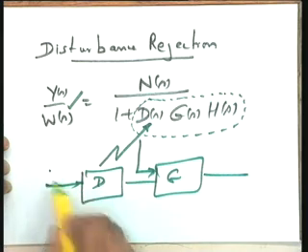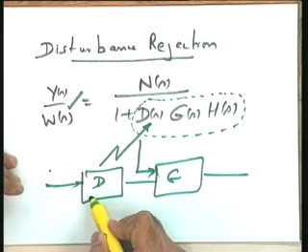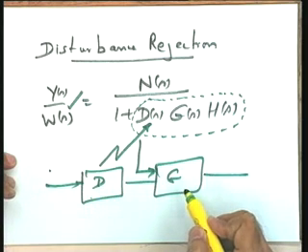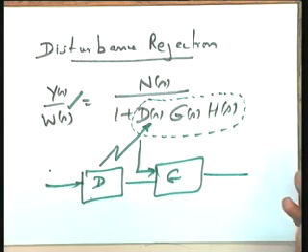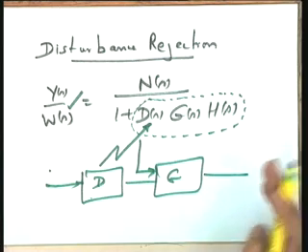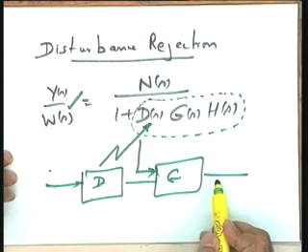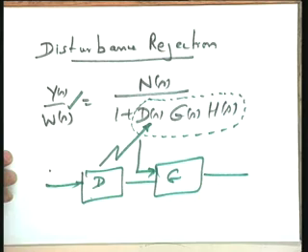The controller has no information about the disturbance at all. So if the controller has no information about the input disturbance, it naturally cannot take any action to compensate for disturbance. It cannot filter out the effects of disturbances, and hence in an open loop scheme, if the disturbances come, they naturally will affect the output straight away.